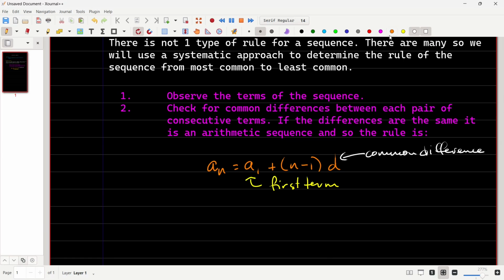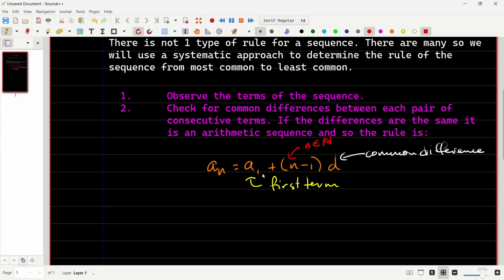This here, n represents the natural number in position. So if we're looking at the fourth term, n will be 4. If you're looking at the fifth term, n will be 5. And it's the same n over here. So this is the nth term.